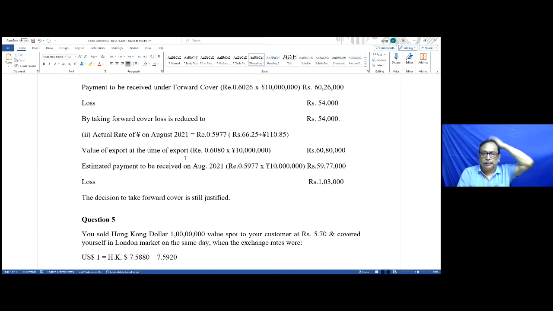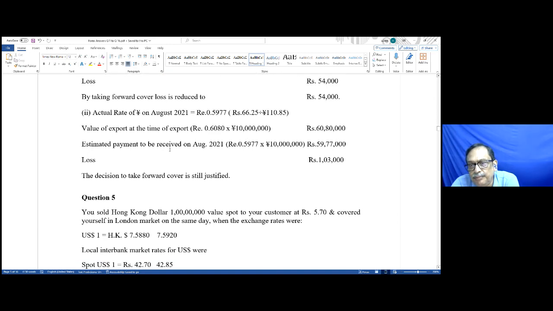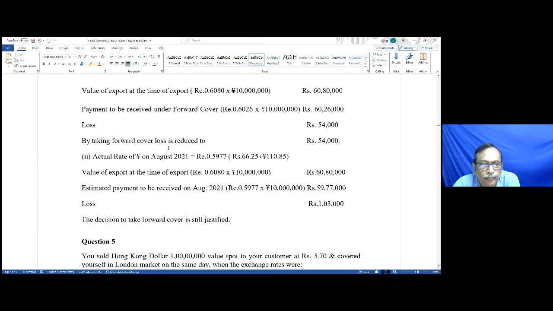Value of export at the time of export, that is total amount of yen multiplied by rupee 0.6080, it comes to 60 lakhs 80,000. Estimated payment to be received on August 2021, that is 0.5977 multiplied by total yen, it comes to 59 lakhs 77,000.